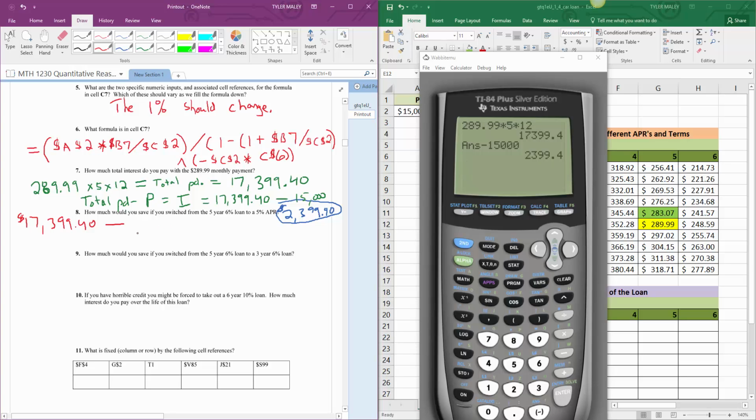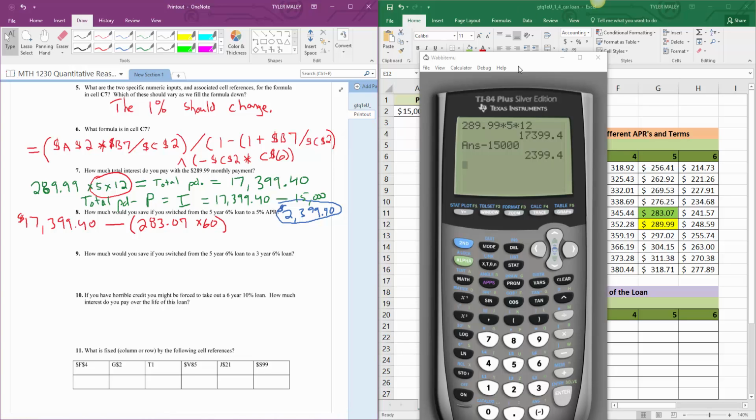So my monthly payment would be the light green, the 283.07, and I want to multiply that times 60. And again, I want to multiply it times 60 because I'm doing 5 years. So that's from here. 5 times 12 is 60.